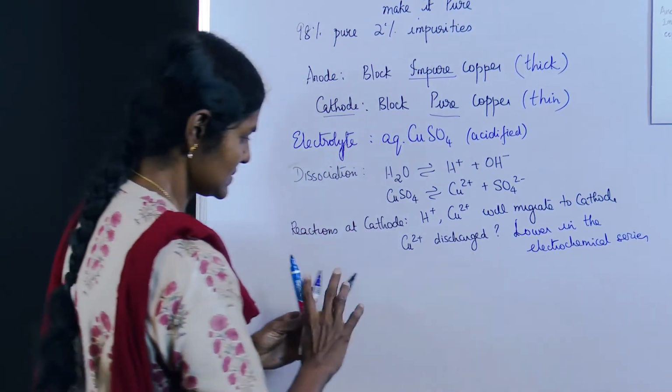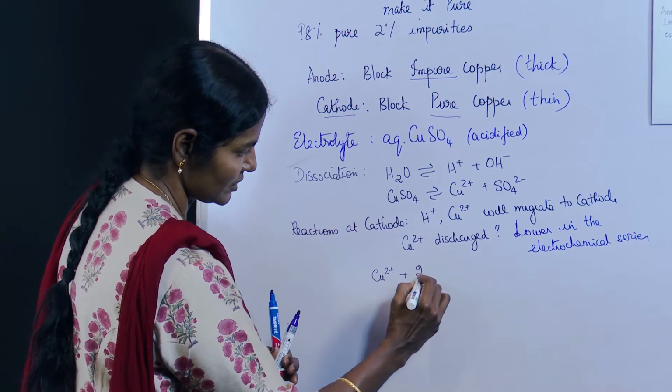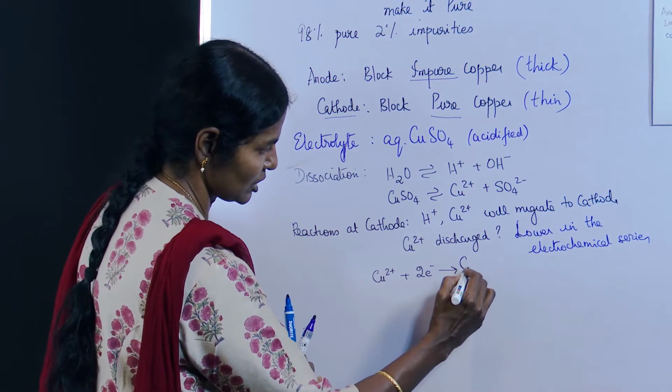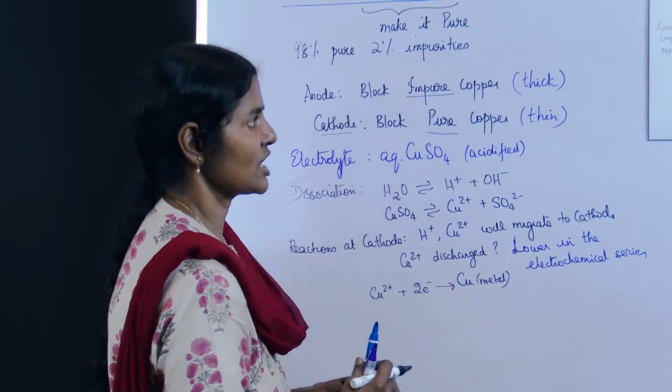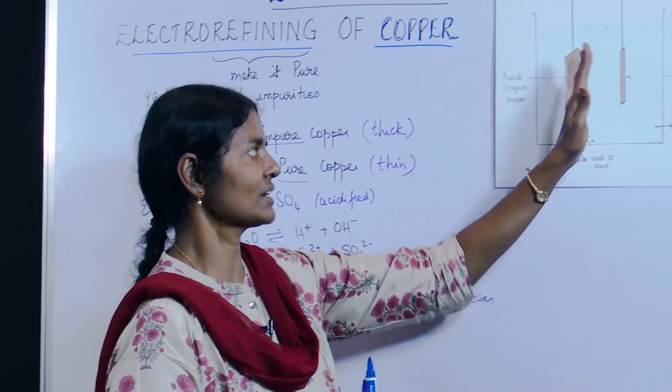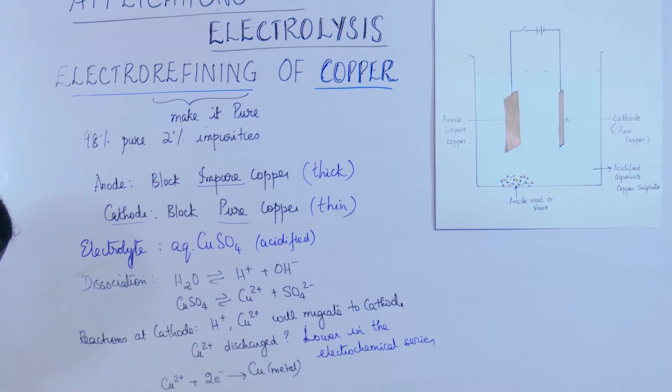In that case, this copper ion adds on 2 more electrons to become copper metal. So this would start getting deposited on the cathode. From the anode it goes and gets deposited.